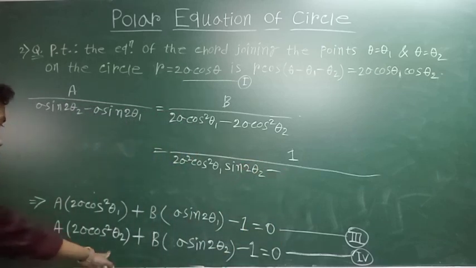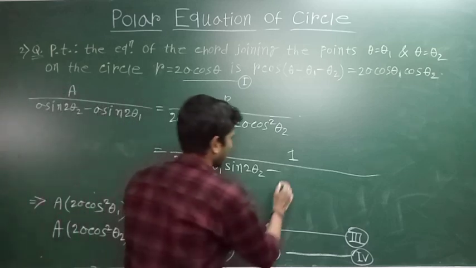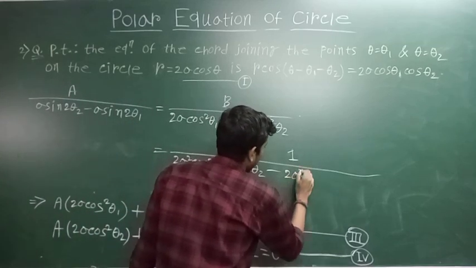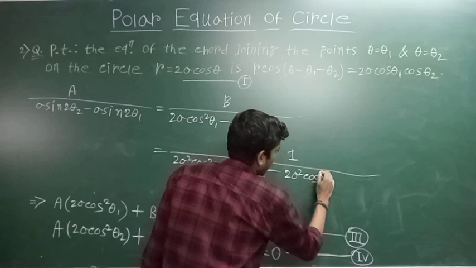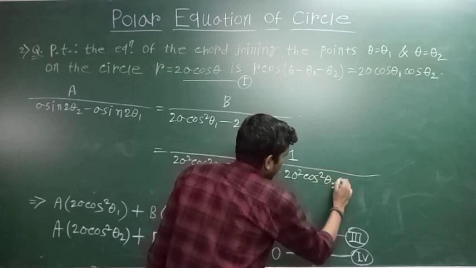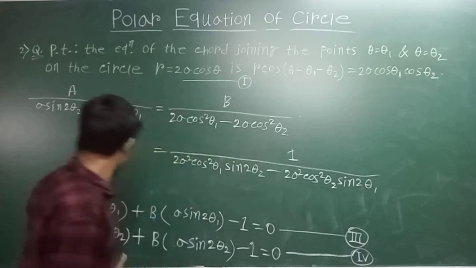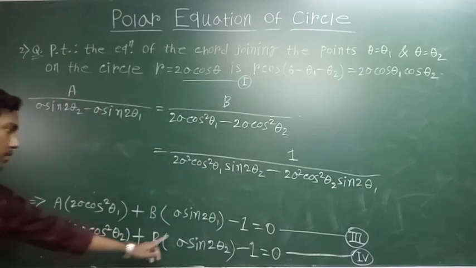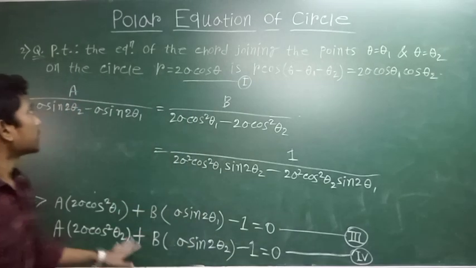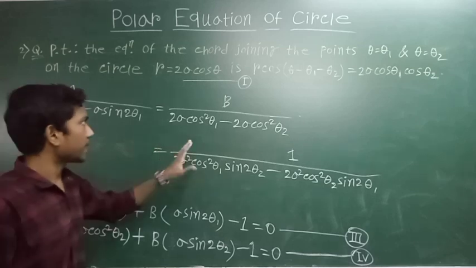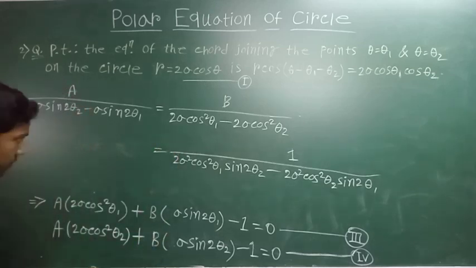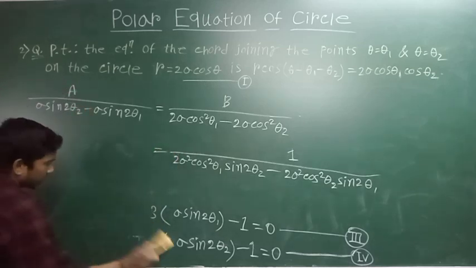So 2a square cos square theta 2 into sin 2 theta 1. Okay, this is from here we will get a and we will get b. Let us solve further.